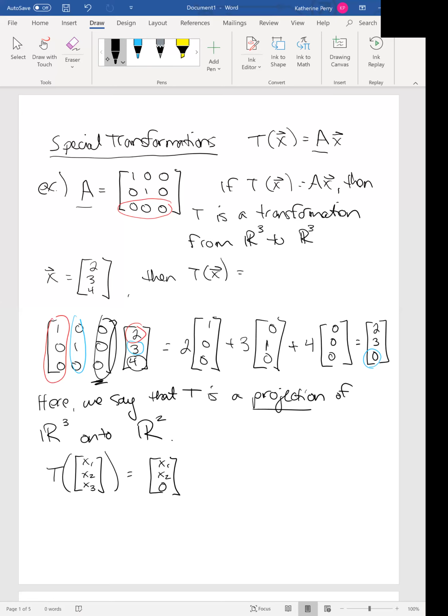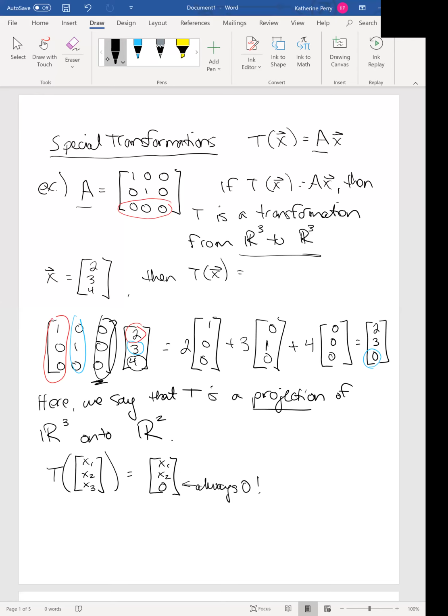So really, it's from R3 to R3, but since this third entry is always 0, we can think of this as mostly just being in R2, since this third one doesn't really matter. So of course we still say from R3 to R3, but we call it a projection because it really only keeps the first 2 entries.